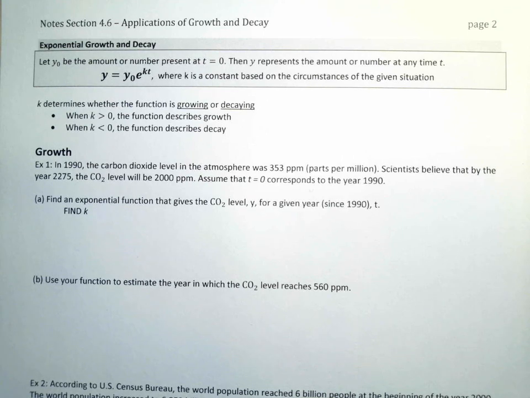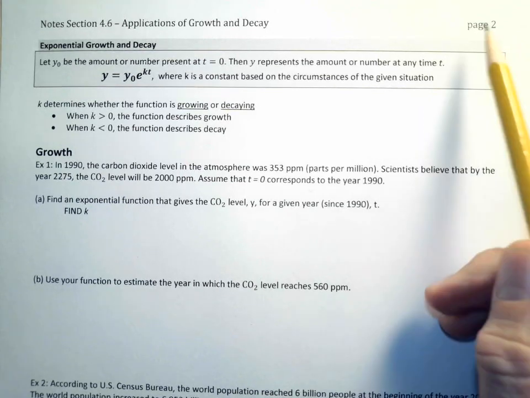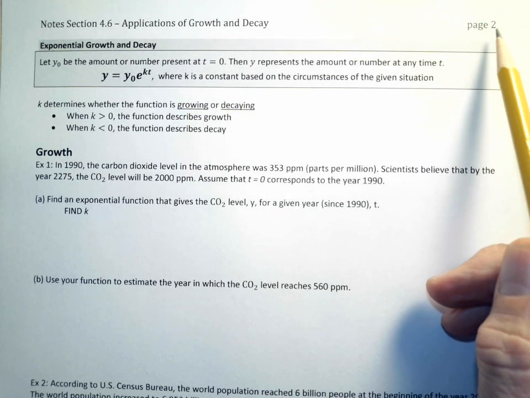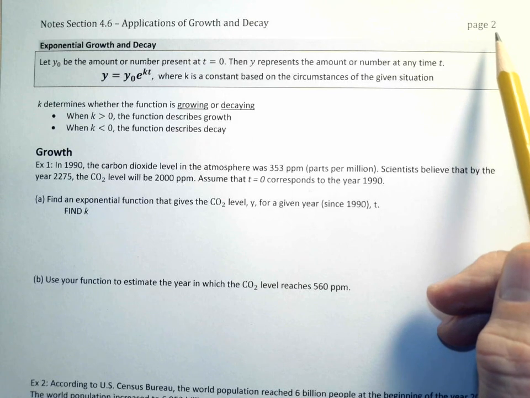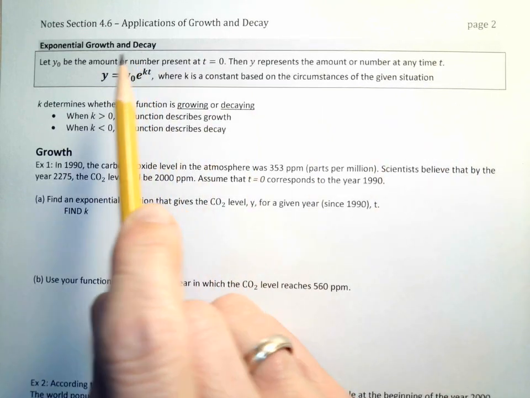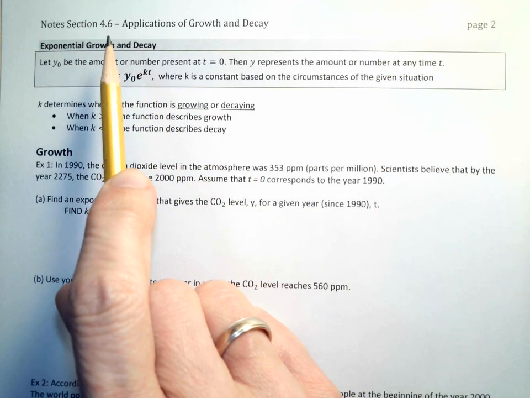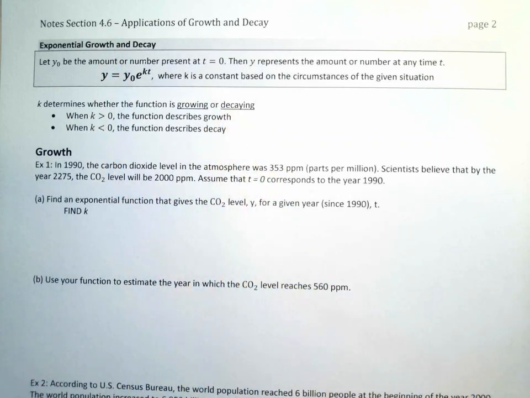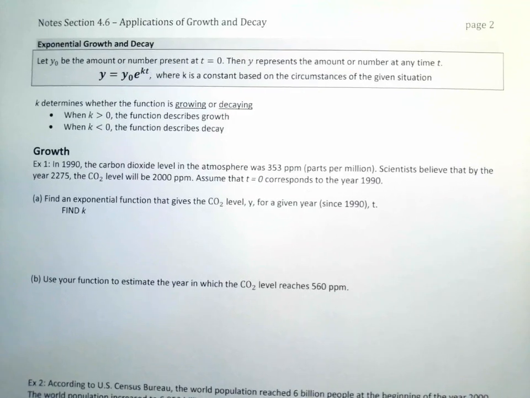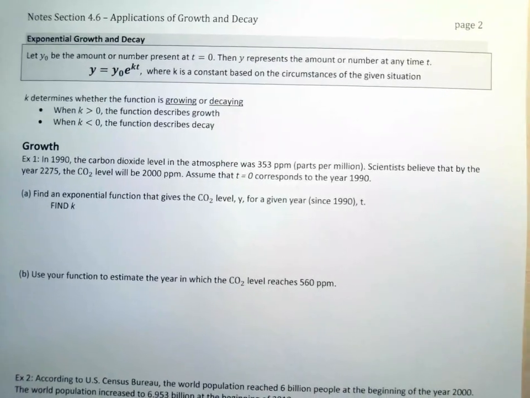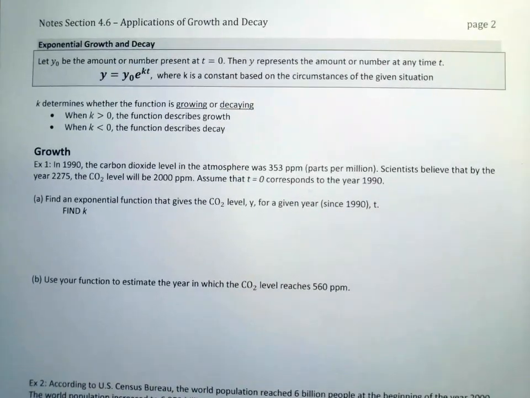Okay, so this video is the second part. It's going to cover pages 2 and 3 of the notes for section 4.6. It's still the applications of growth and decay, so it's basically the exponential equations that we're going to be writing for a particular situation.